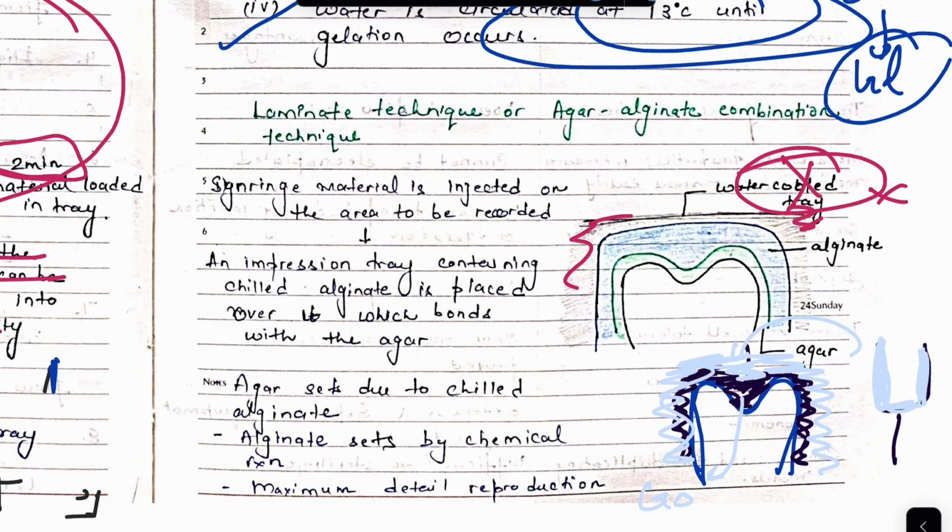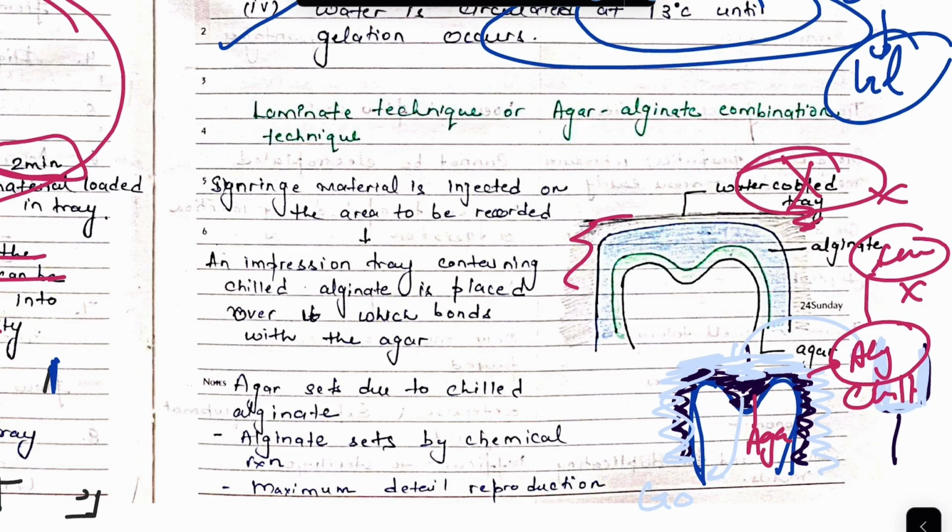Because this is the agar and this is the alginate. The alginate will set by chemical reaction, so I don't need any temperature change to make it set. And since the alginate is chilled, this agar will set by the lower temperature of the alginate.